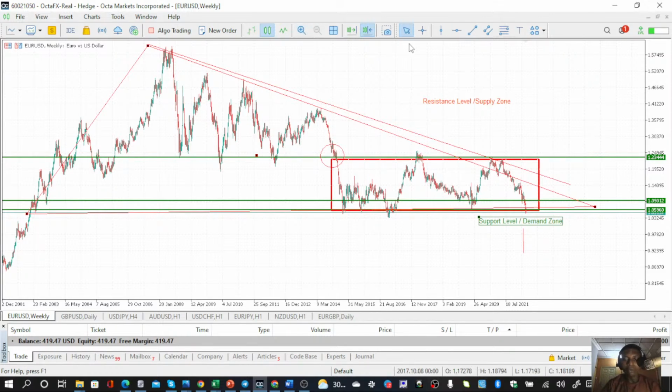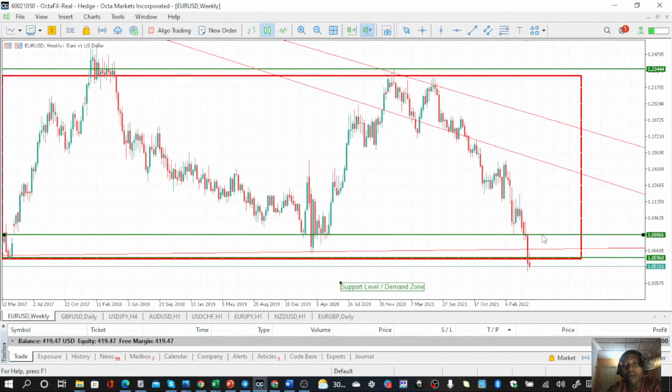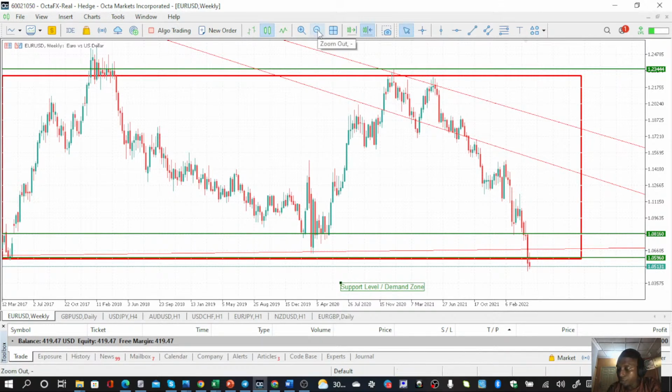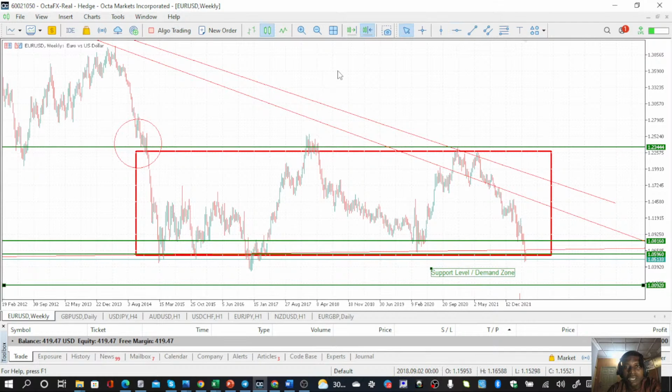Now let's determine our entry point and our exit point. So you look at this green line here. This green line would be my exit point. I'm taking a swing trade now. This trade might last for 1 week, and I will be taking my profit on this level.